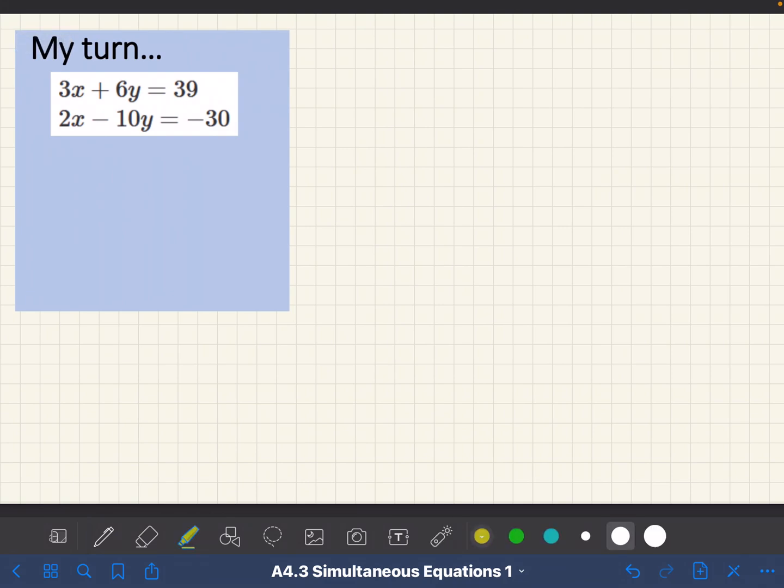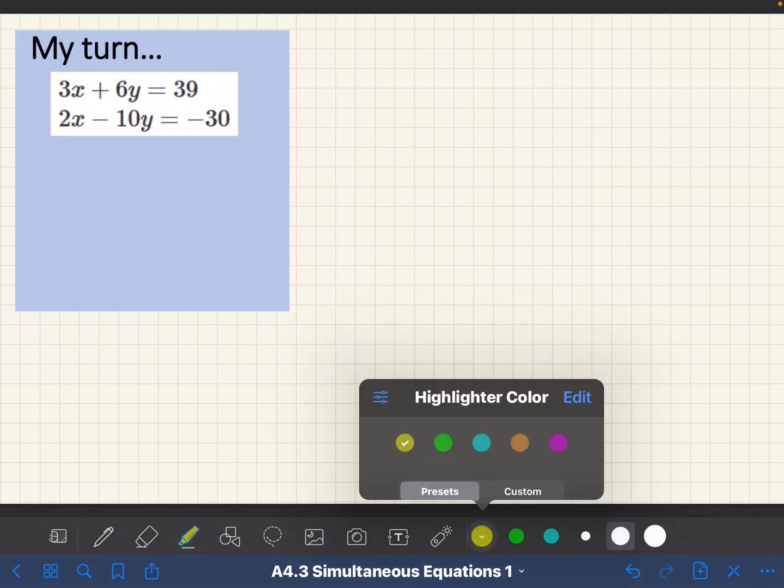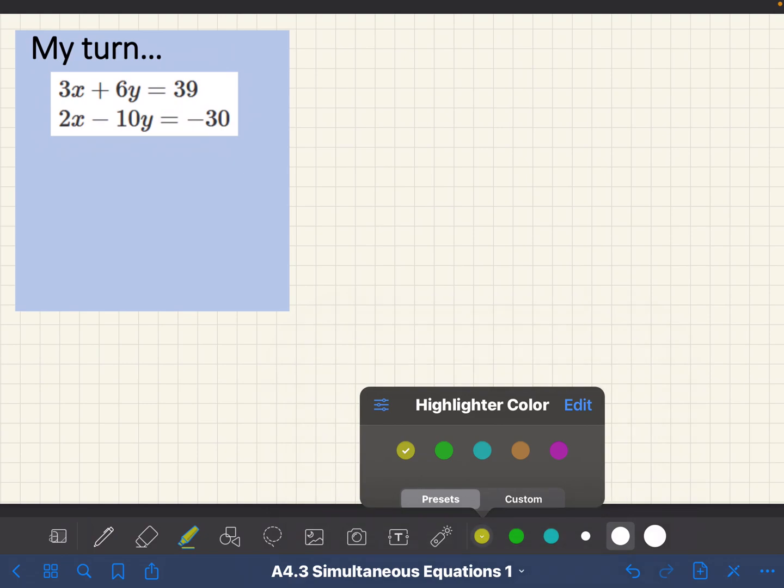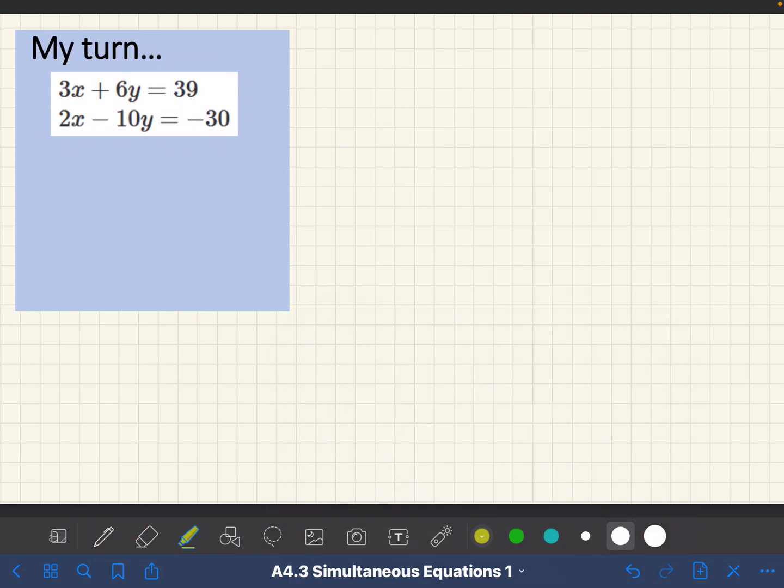First job, when you are solving simultaneously, is to look at the x values. Now we need to change these so they become the same value. That would mean we would be able to eliminate the x values from our equations completely, and that will enable us to then work out what y is.